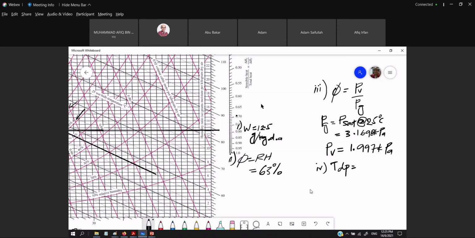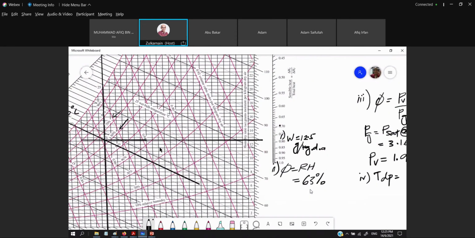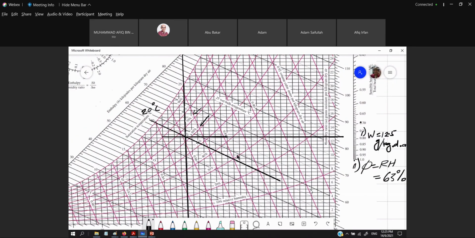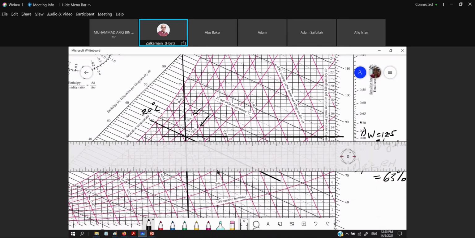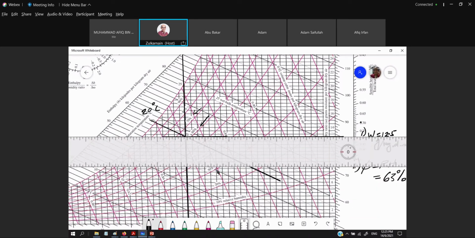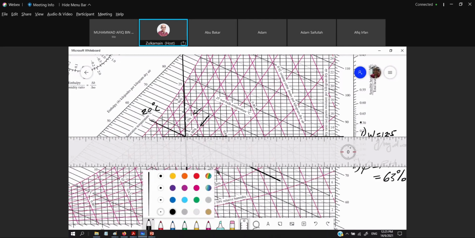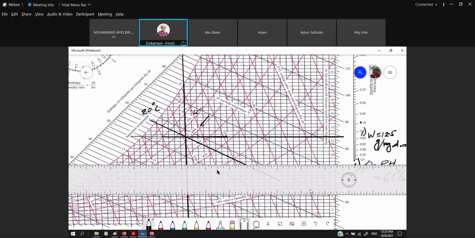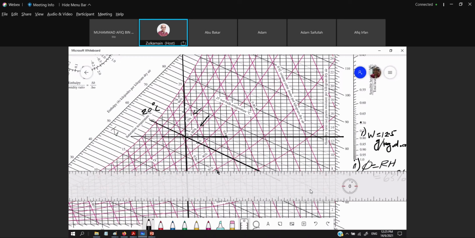Okay, so where is our dew point temperature? The dew point temperature is the line whereby from this point we are going to sketch a line to the left. Okay, to the left. So let me put the ruler again. So that should be our point there to the left. So this should be our TDP.